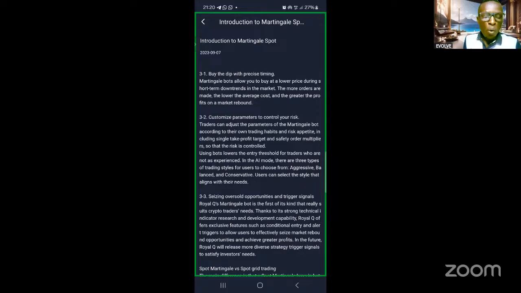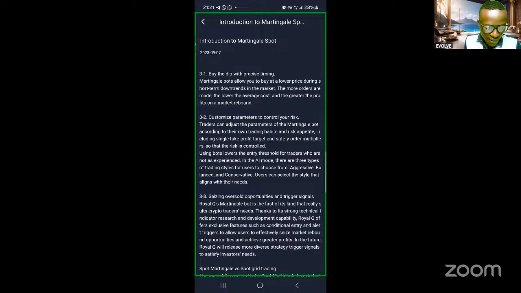Trading habits. What is your trading habits and risk appetite? Including single take profit target, safety order multipliers, so that the risk is controlled. Using bots lowers the entry threshold for traders who are not as experienced in the AI mode.